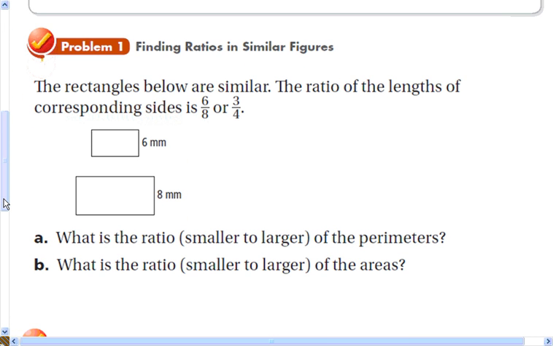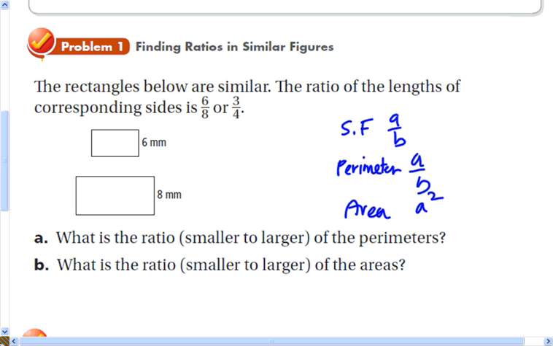So, finding ratios in similar figures. All right, the rectangles are similar. The ratio of the lengths of the corresponding sides is 6 over 8, or 3 to 4. What is the ratio of the smaller to the larger of the perimeters? Well, just as a reminder, if the scale factor is a over b, then the perimeter ratio is a over b also, and the area ratio is a squared over b squared.